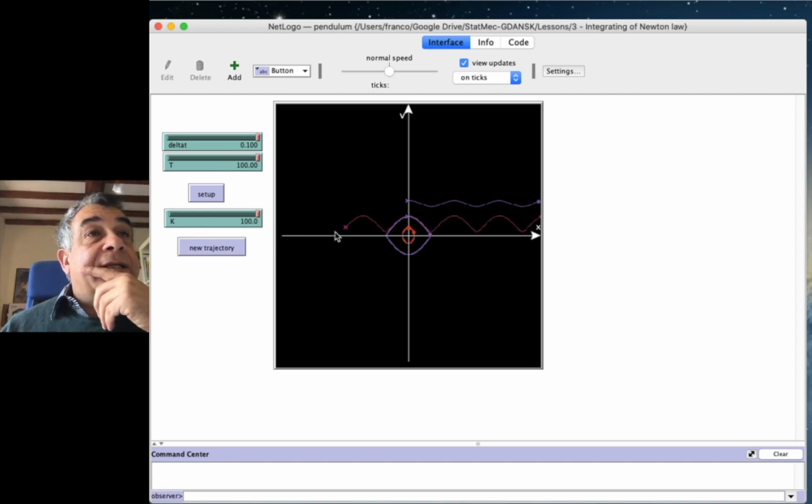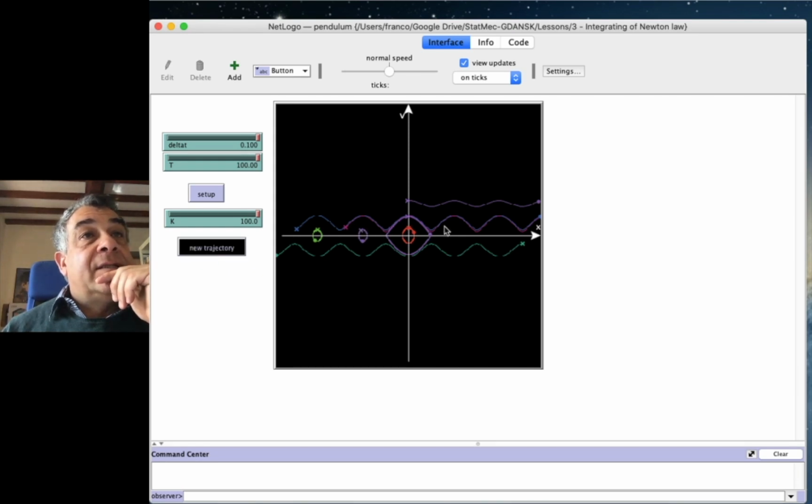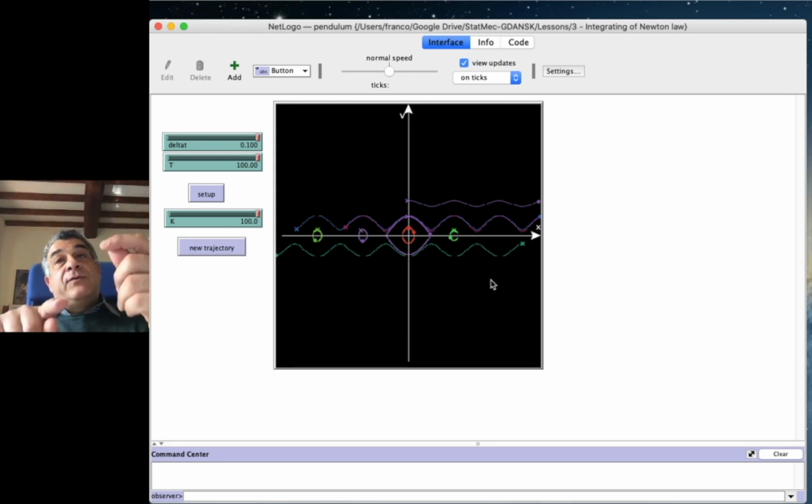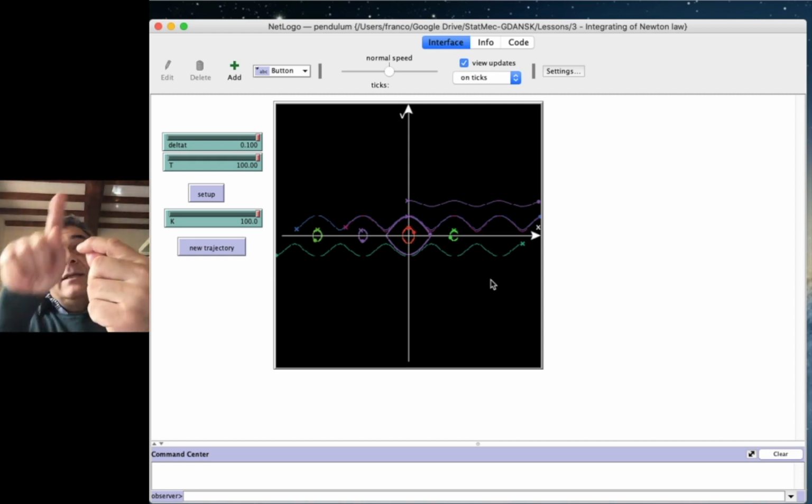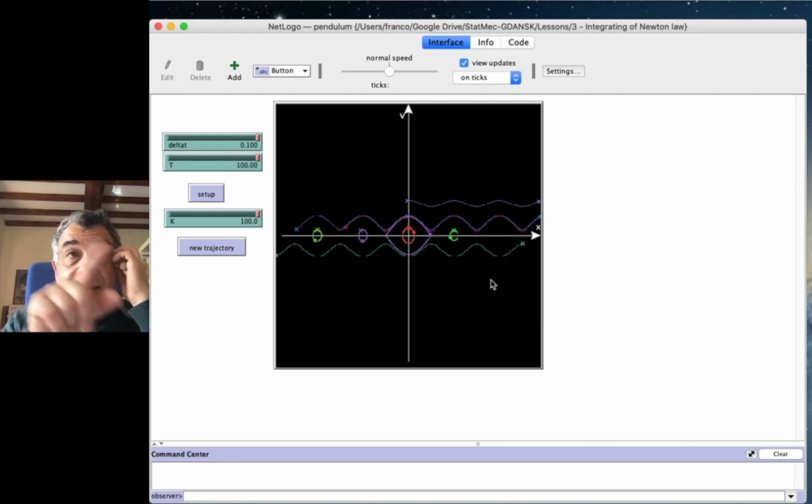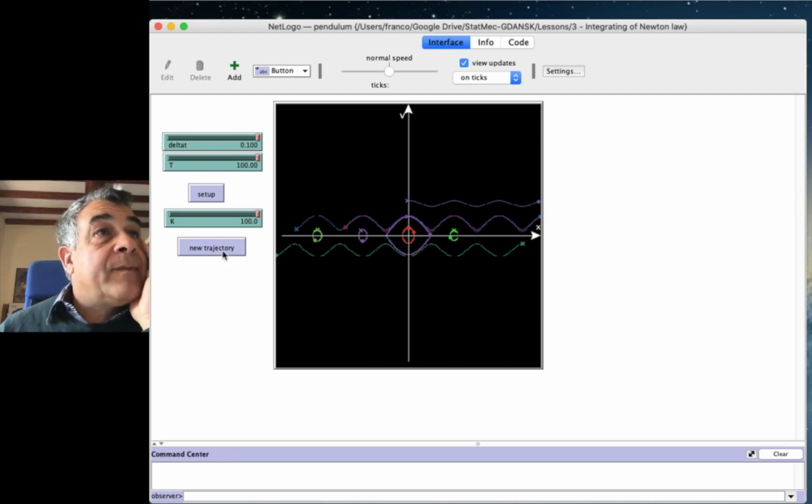You can see that according to where I start, I can have oscillations around new centers. Essentially, this is due to the fact that the system is periodic, sine is periodic, so I can start with the same kick but from a different position.